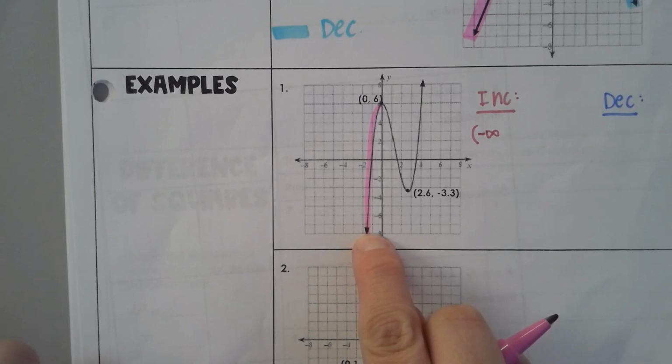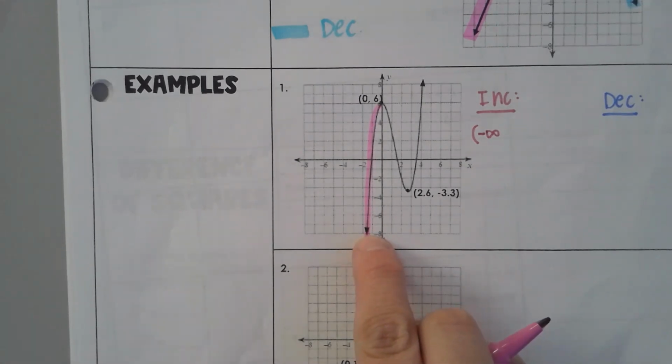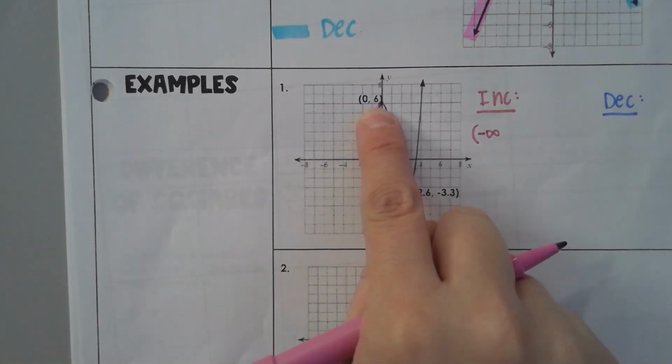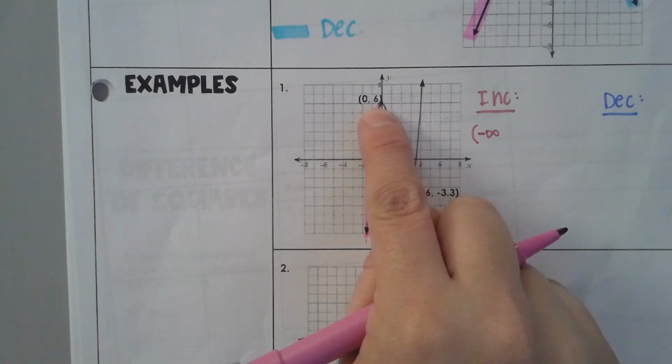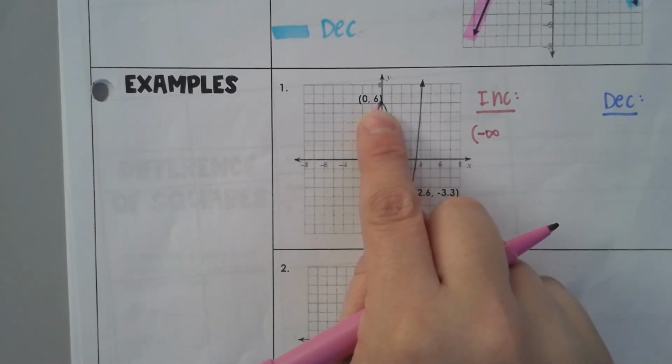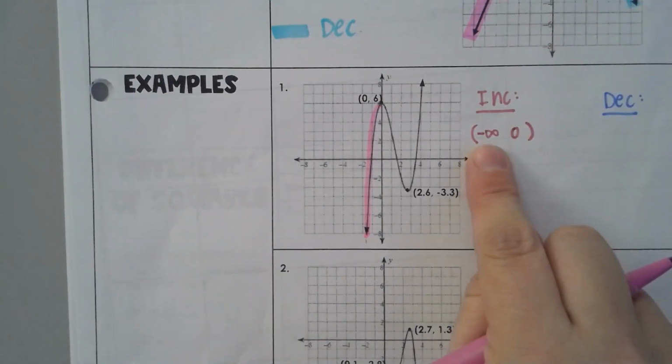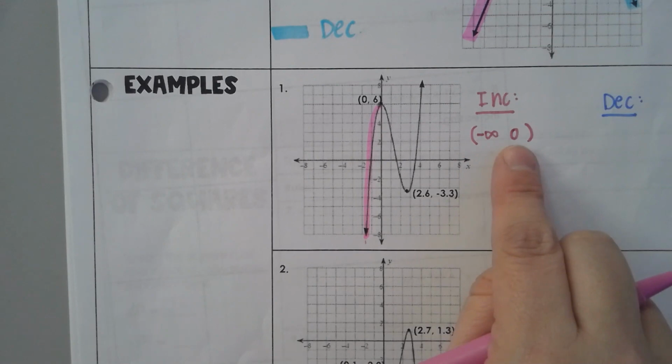If we start on an arrow, we put negative infinity. Then I go all the way up here. What is the x value where I stop increasing? 0. So my increasing interval is from negative infinity to 0.